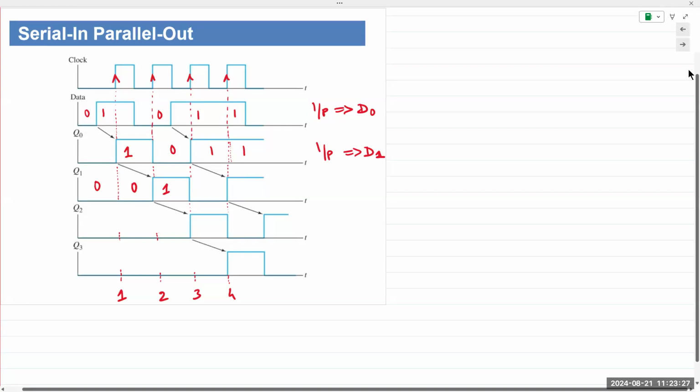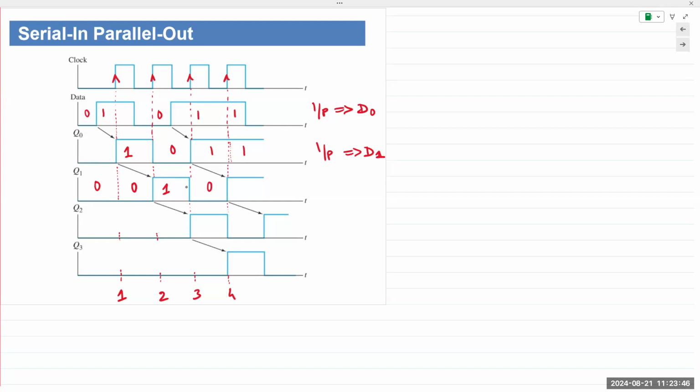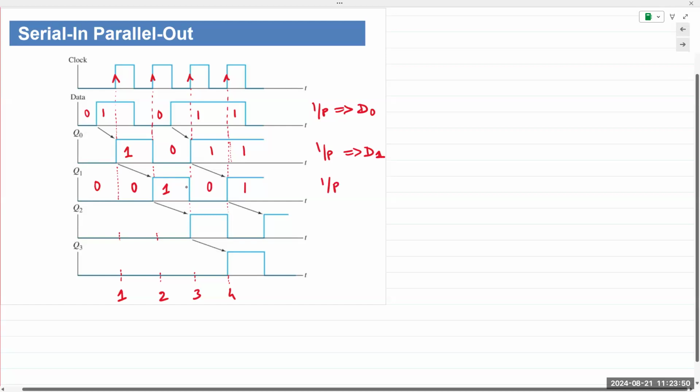Again, it's a D flip-flop. It simply takes the input and sends it to the output. Then it goes to 0 here, goes to 1 here, and this is then fed as input to D2.